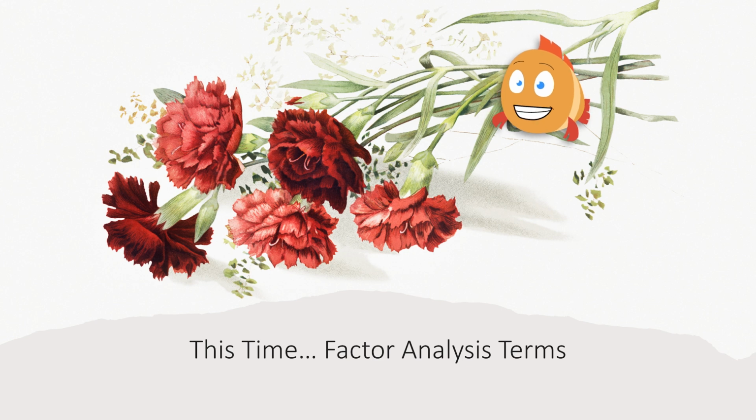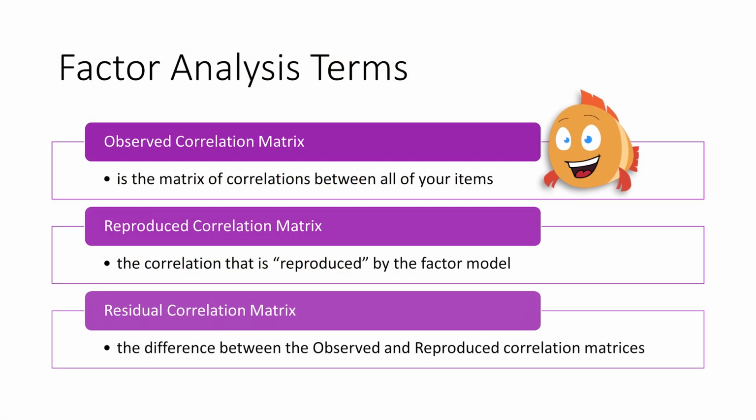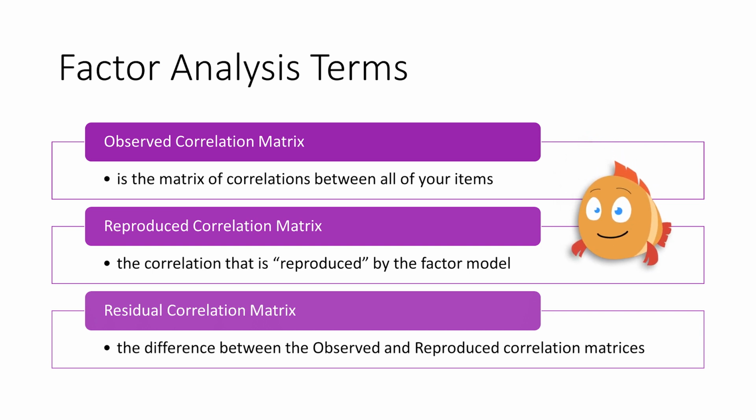But anyway, let's talk about some factor analysis terms. So we got a lot of terms, and this one's gonna kind of feel like a top tens list. So we have the observed correlation matrix.